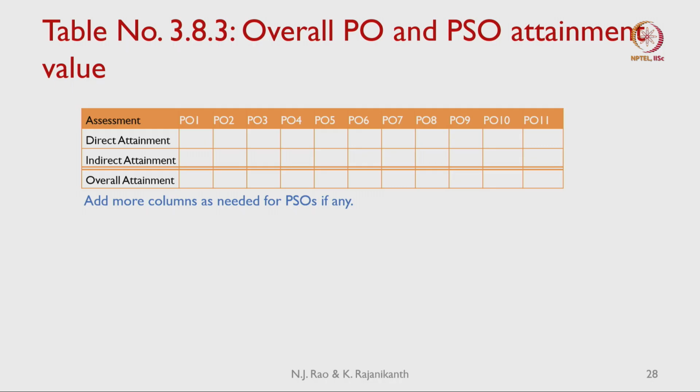So, this is how the overall PO and PSO attainment value is computed, and this is for the entire program, not for one single course or one single activity, but for the entire program this value must be computed.